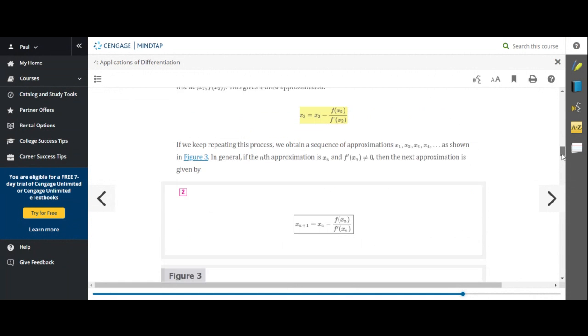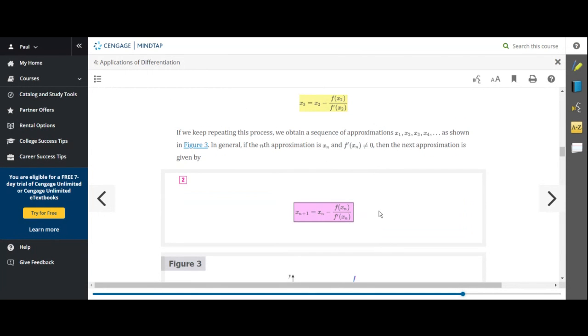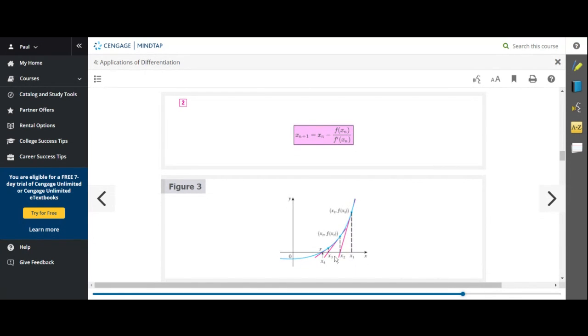We keep repeating these approximations, and that gives us Newton's method: the (n+1)th estimate of x equals the nth estimate of x minus the quotient f of xn divided by f prime of xn. And all you're doing is successively doing these iterations, and each iteration, x3 is a better approximation than x2.